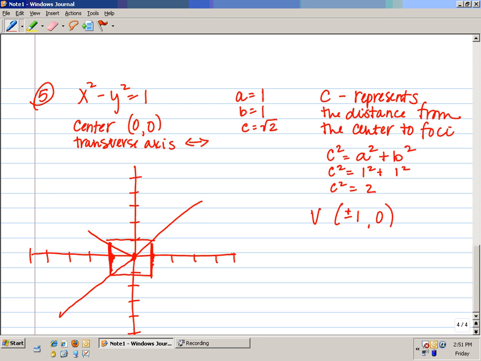Keep in mind, mine's not precise, so that could cause an issue. You'll want to use a ruler. And then I'm going to draw my hyperbola so that it extends close to, but not over, my asymptotes.